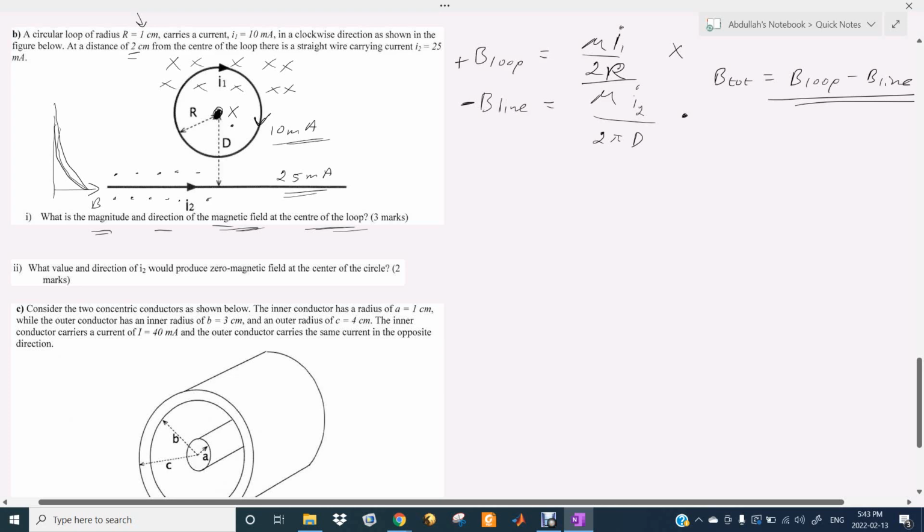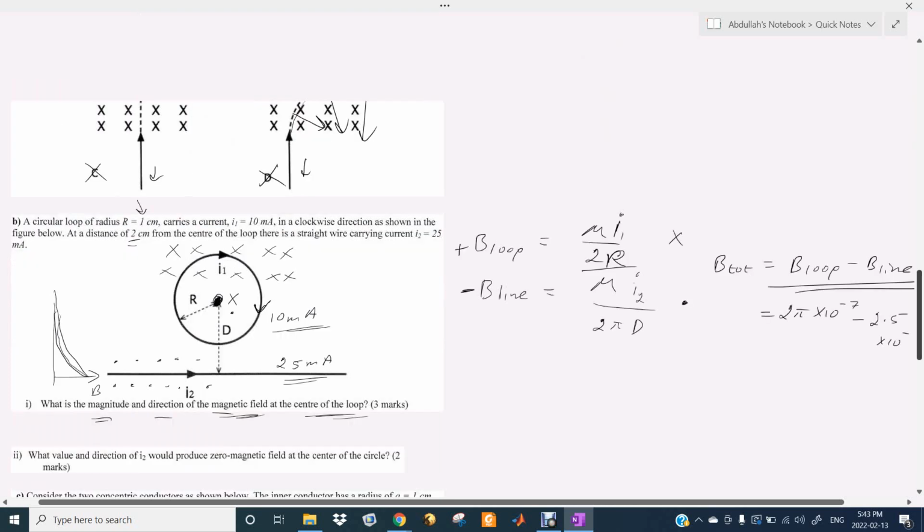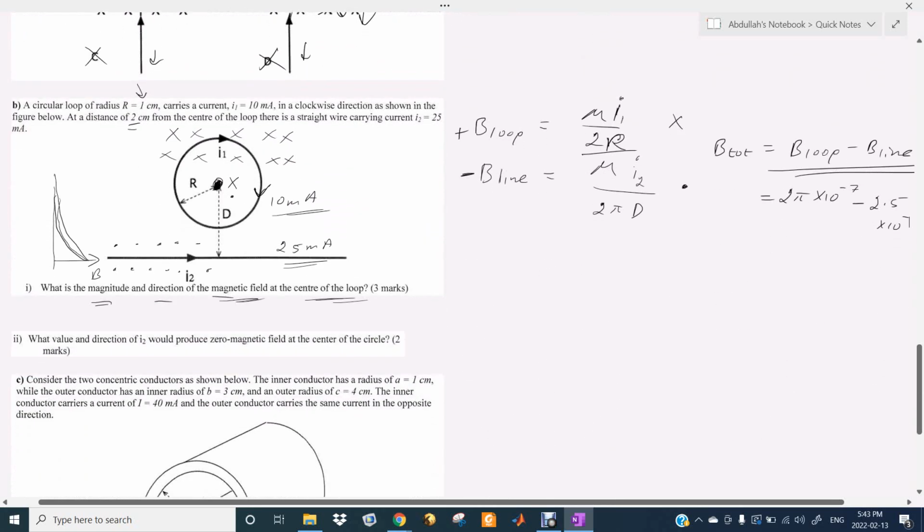Once you plug in the values, for B loop you get 2 pi into 10 power minus 7 Tesla. And for B line, it's 2.5 into 10 power minus 7 Tesla. Clearly this is a positive value, because 2 pi is something around 6.